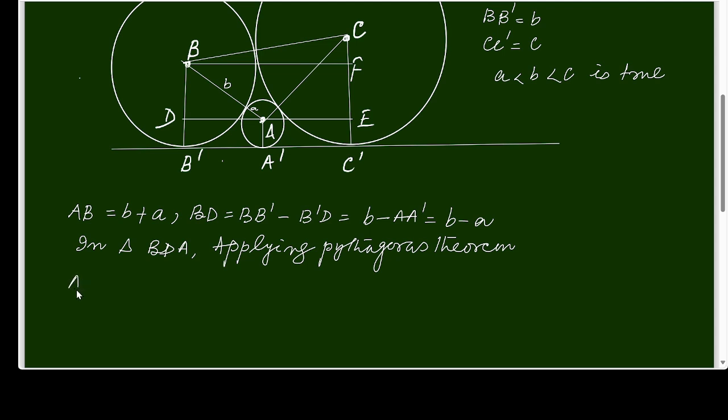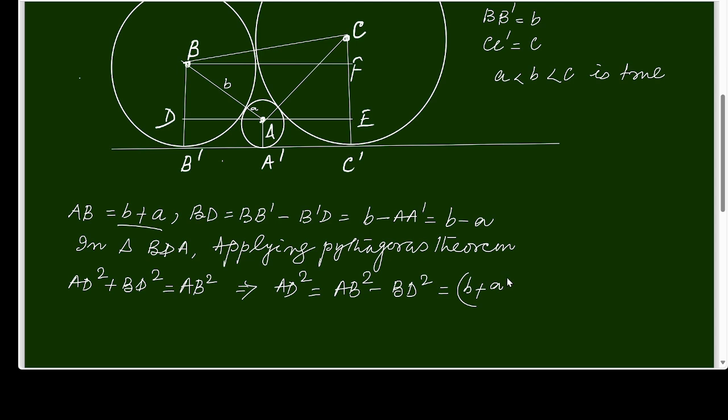A'D square plus B'D square equals A'B' square, or A'D square equals A'B' square minus B'D square. A'B' equals b plus a, whole square, and B'D equals b minus a, whole square.